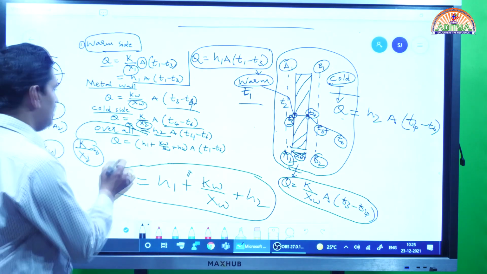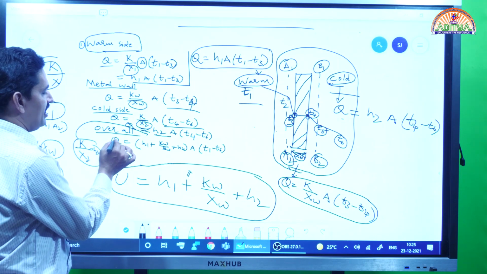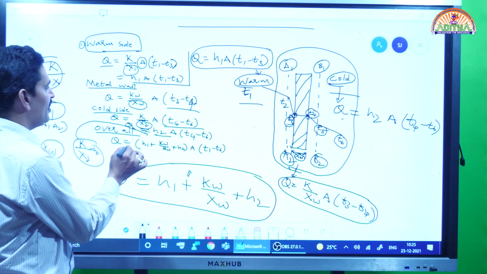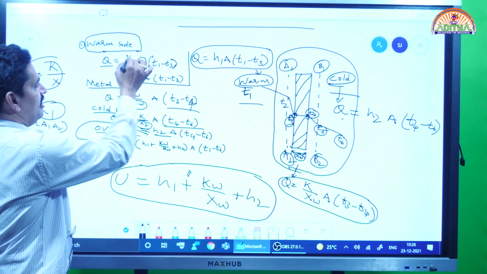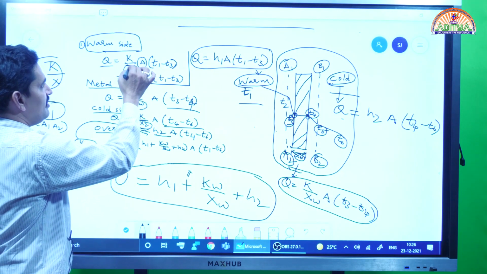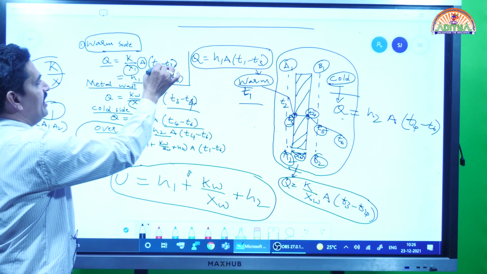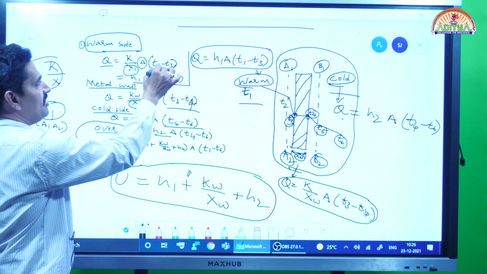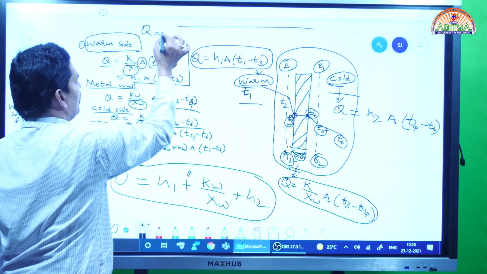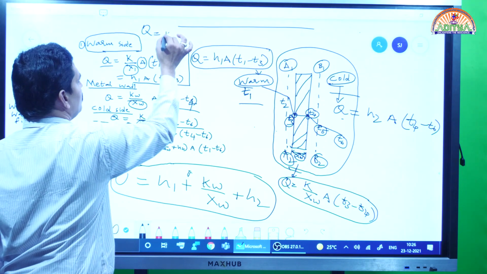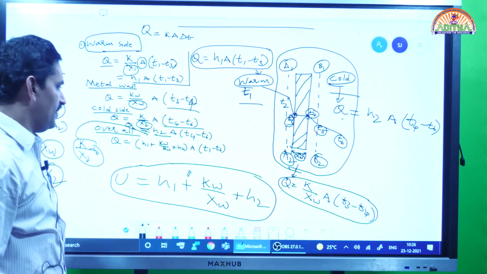Now let us write the overall heat transfer. Overall heat transfer Q is equal to resistance into surface area into temperature gradient. If we remember the previous equation, Q is equal to K A delta T, like that we have written it.